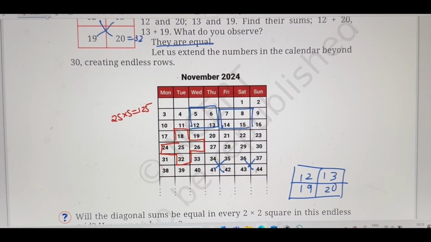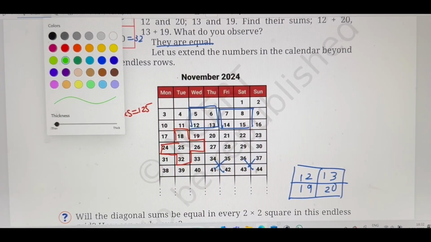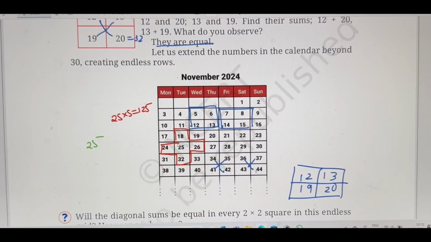Let us check by adding the numbers. So 25 is in the center, so we write 25 as it is. We add these two numbers, 32 plus 18 gives you 50. Here 24 plus 26 gives you again 50. So 50 plus 50 plus 25 gives you 125.